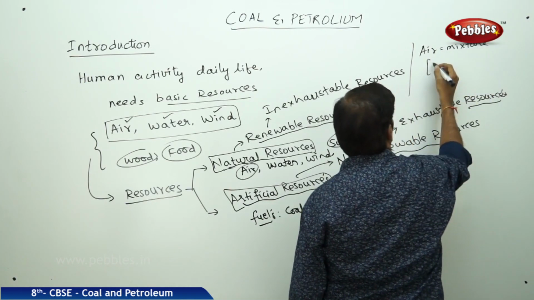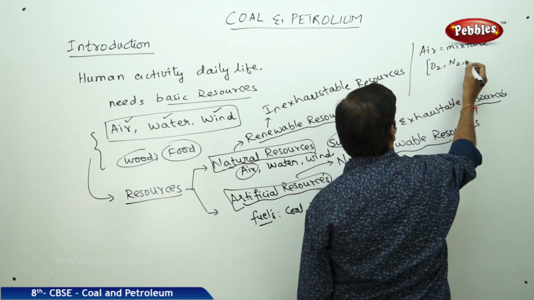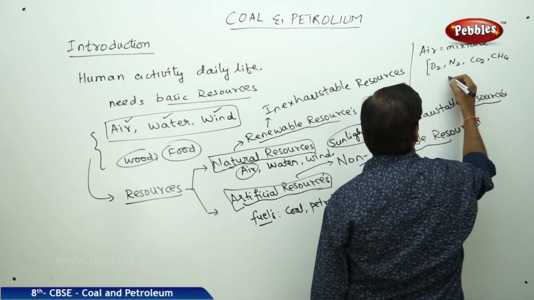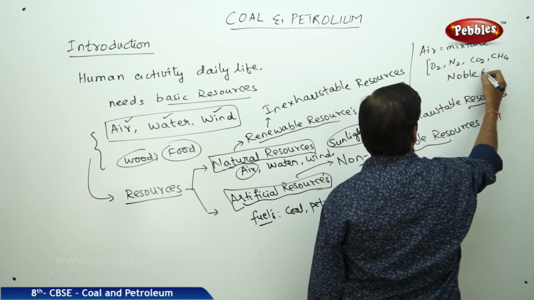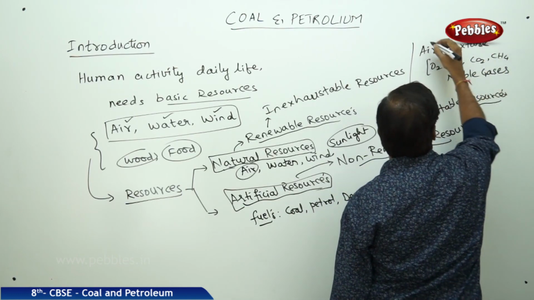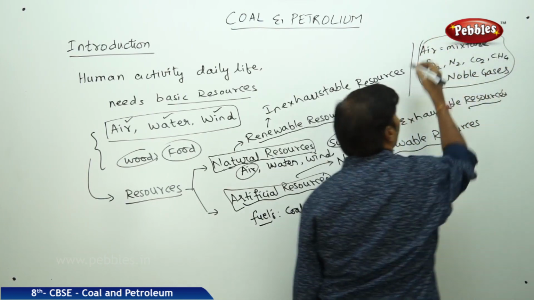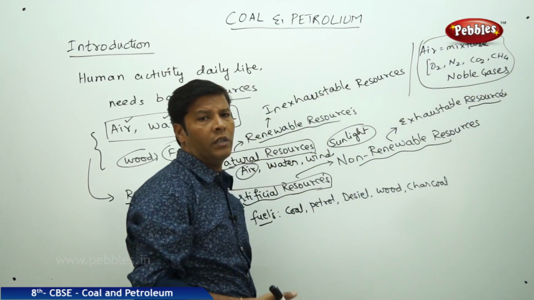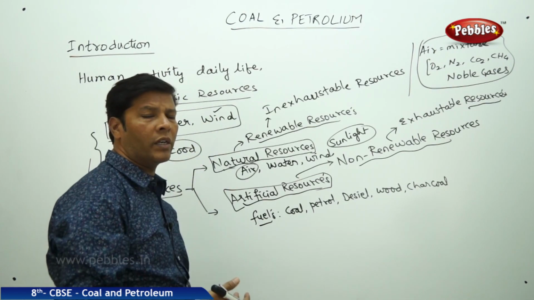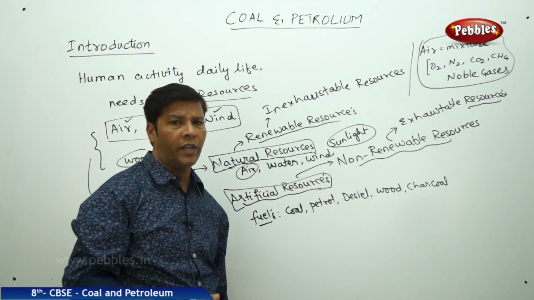It contains oxygen, nitrogen, carbon dioxide, methane, noble gases. All these gases are present. So air is a mixture and air is inexhaustible. It is the natural resource given to mankind to carry out various activities.